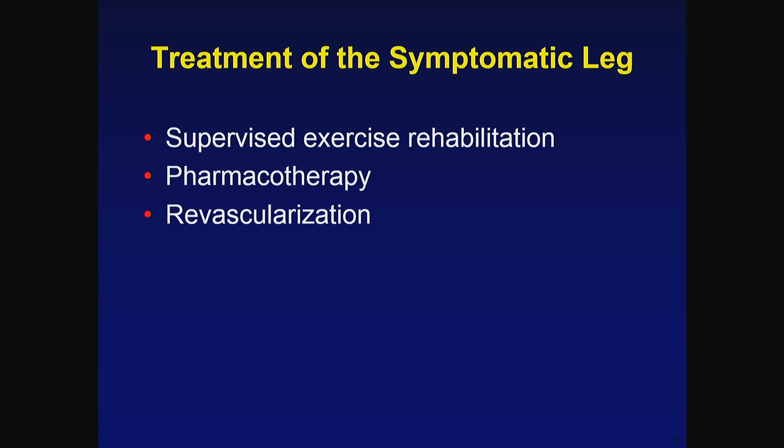Now, when it comes to patients who are actually symptomatic, in addition to pharmacotherapy, the goals of managing these patients include maintenance or improvement of the functional capacity, a reduction in claudication symptoms. And for this, of course, the mainstay of therapy is the supervised exercise, pharmacotherapy with cilostazol, for example, and of course, revascularization.